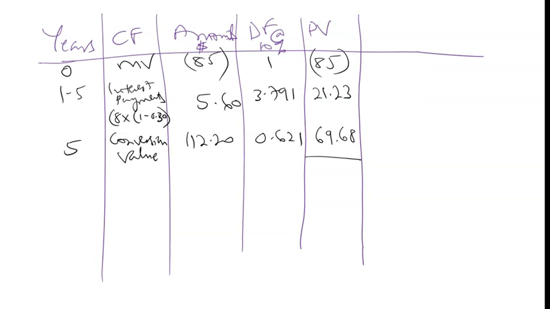So if we add up, we must get the net present value. Our NPV should be 5.91. So this one is a positive NPV at 10%. So for us to get a negative NPV, we can simply use a discount factor that is higher than 10%.